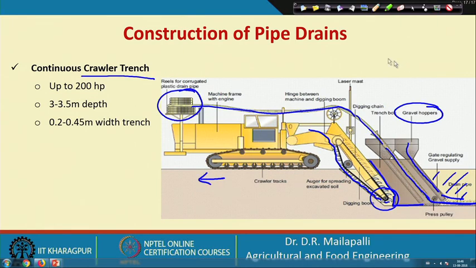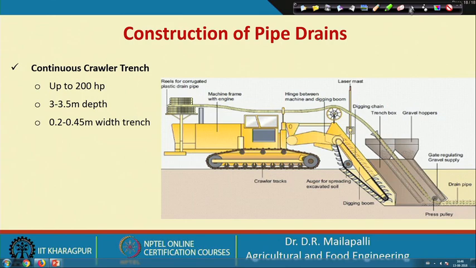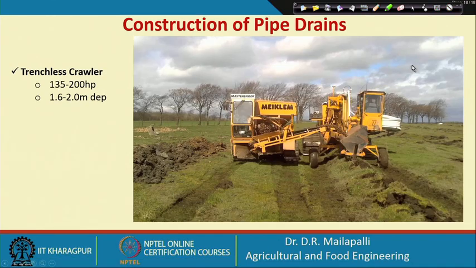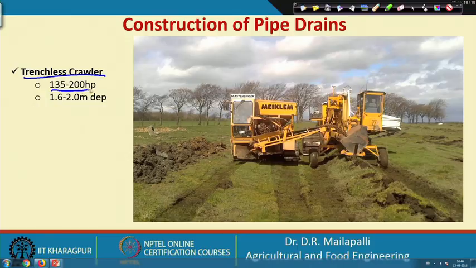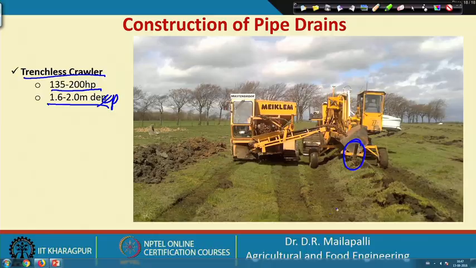The next is the trenchless crawler. This is also very popular because the trenchless crawler does not make any trench. It has 135 to 200 HP and works at 1.6 to 2 meter depth. Here, if you see, this is the cutting tool. You do not see any trench here, this is all underground.